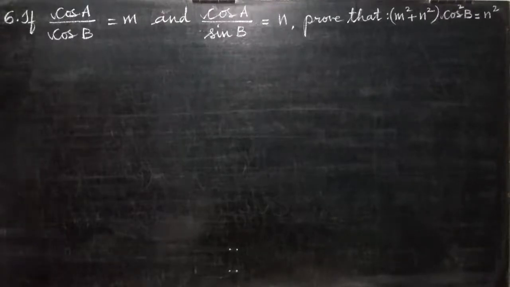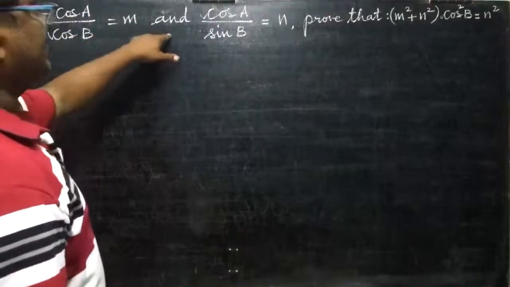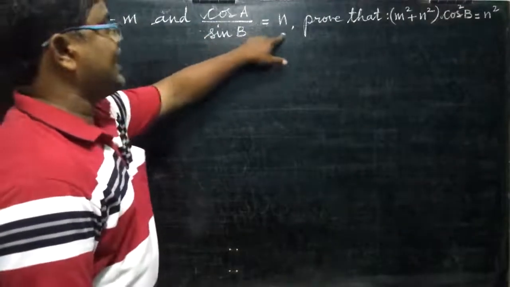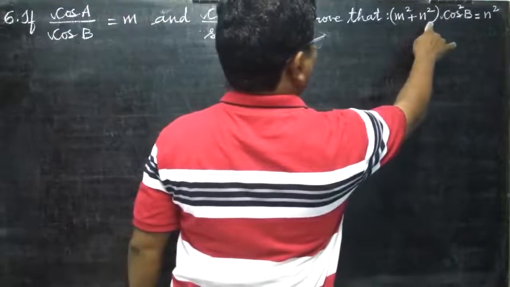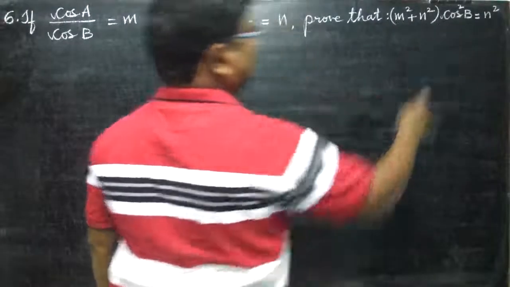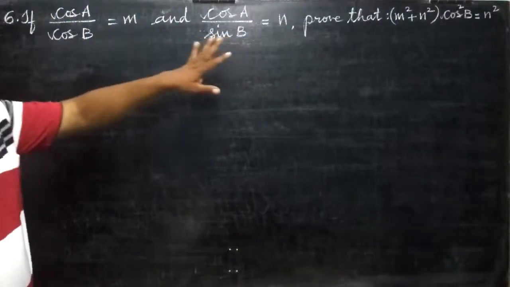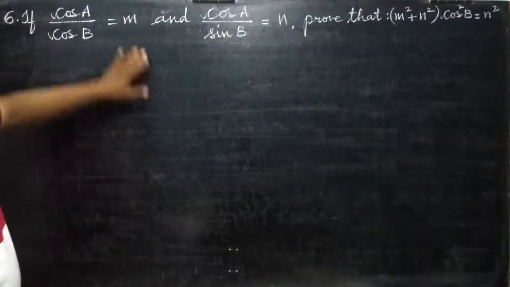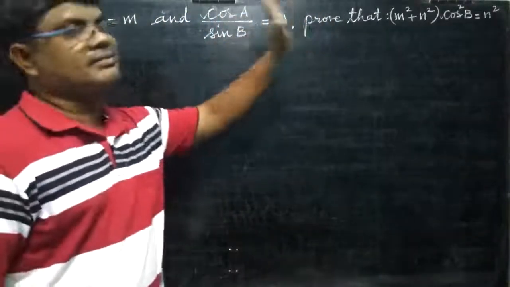Sixth problem. If cos A by cos B is equal to m and cos A by sin B is equal to n, prove that m square plus n square into cos square B is equal to n square. There itself the hint is there. M is there, m square you are seeing. N is there, n square you are seeing.